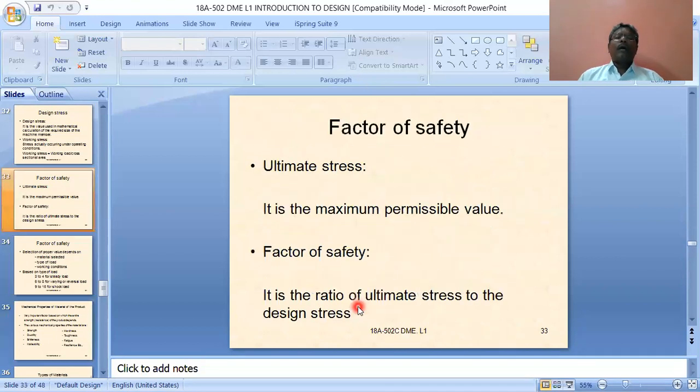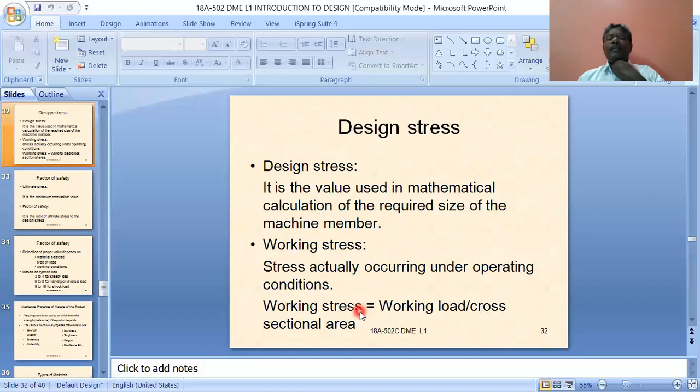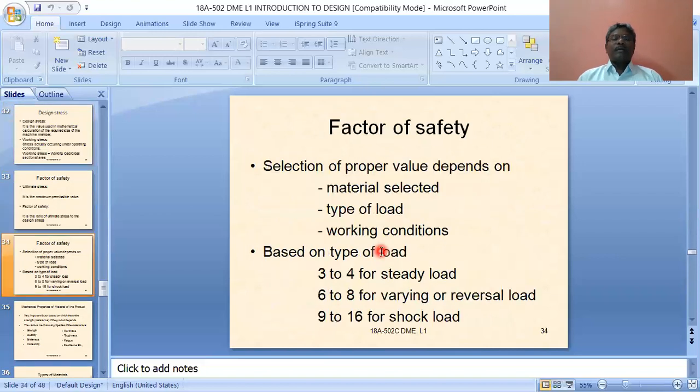So another parameter is shape and size of the product, right? And next is mechanism, that is, which mechanism we have to use in this case. That is also one of the important parameters. Every mechanism will give proper motion to the product. That is also another parameter, right?